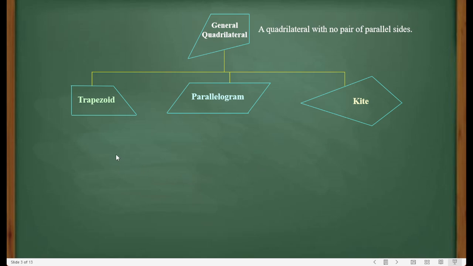Now, under general quadrilateral, let us consider first the trapezoid. Now, we put some details on each of these three quadrilaterals.